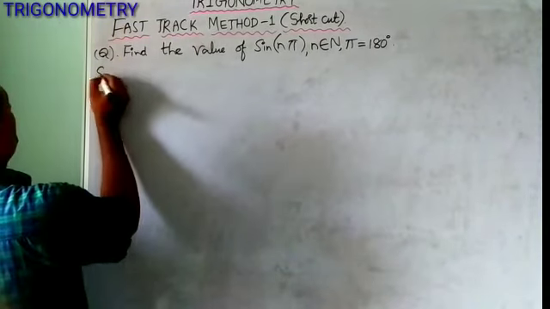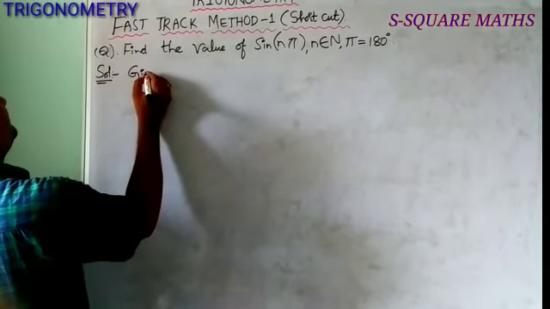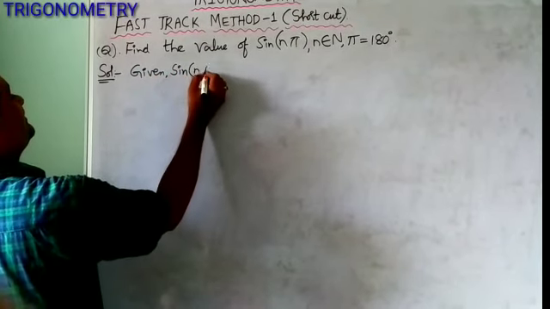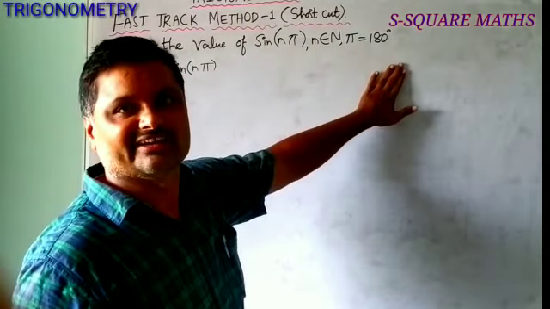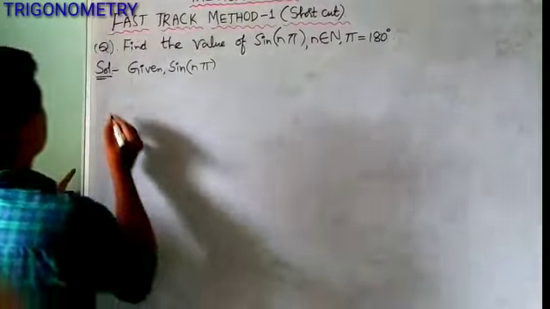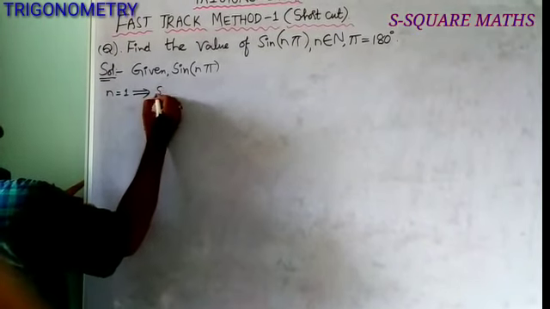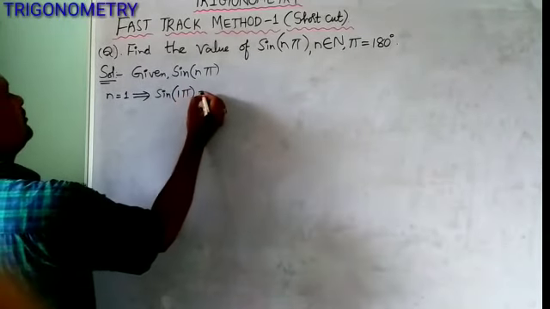So the solution follows. What is given here? Sine of n pi, where n stands for a natural number and pi is equal to 180 degrees. So n equal to 1 implies sine of 1 pi is equal to sine pi.